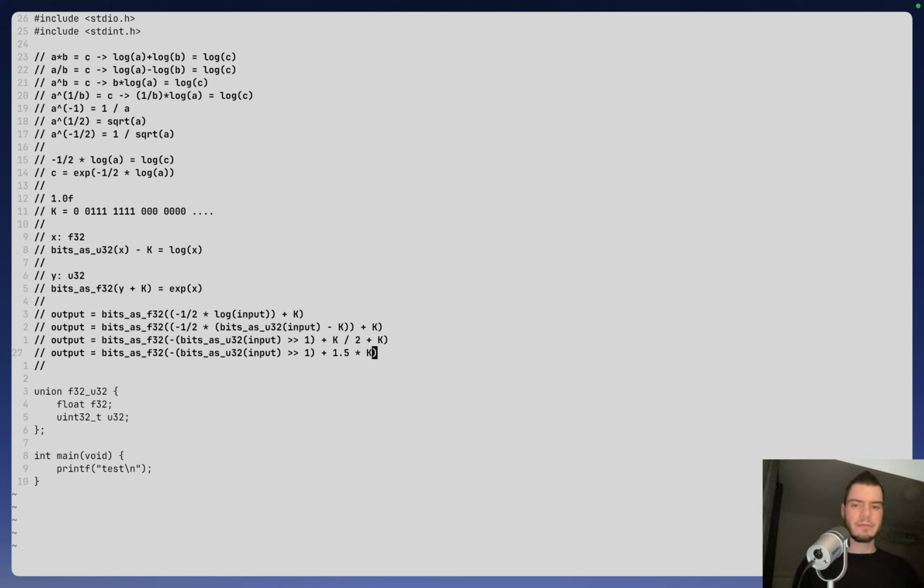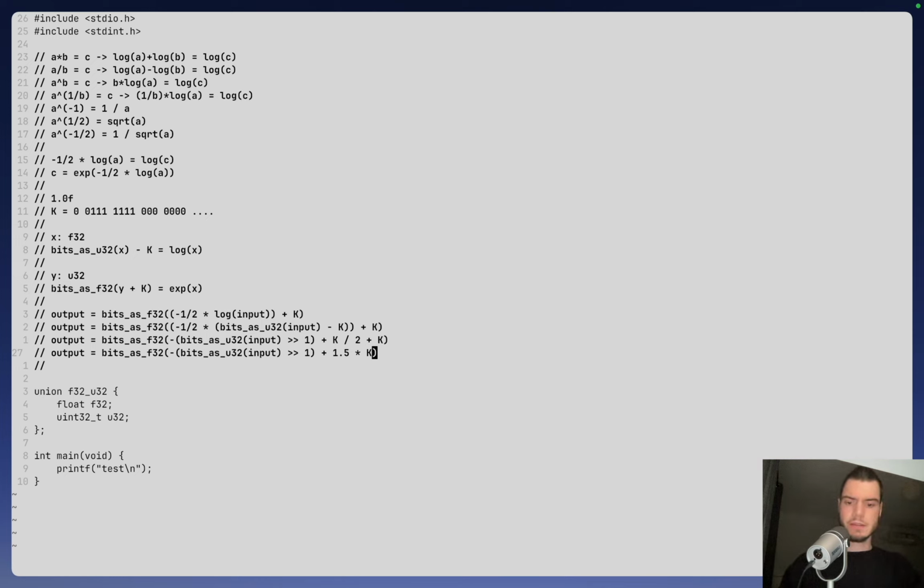Now 1.5 times k is actually going to be a bit difficult because we are dealing with integers here. K is an unsigned integer, and our bits as U32 also results in an unsigned integer. So how do we multiply by 1.5? Multiplying by 1.5 is the same as multiplying by 3 and then shifting to the right by 1, thus dividing by 2.